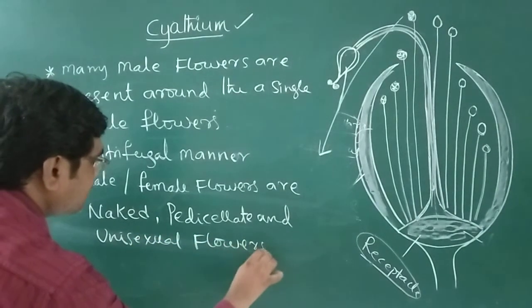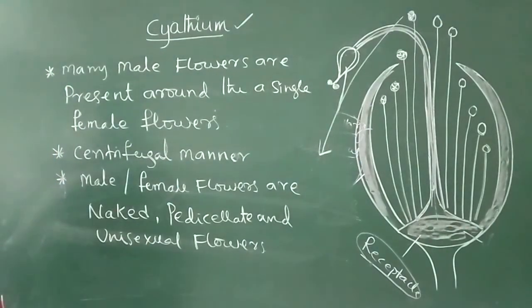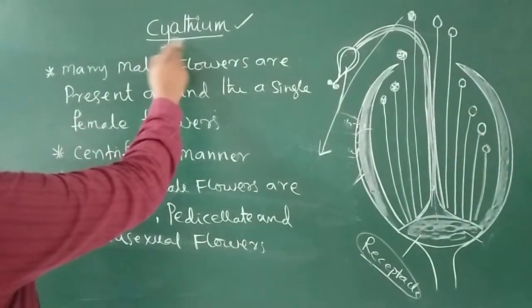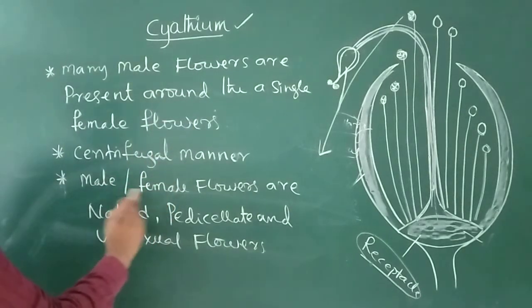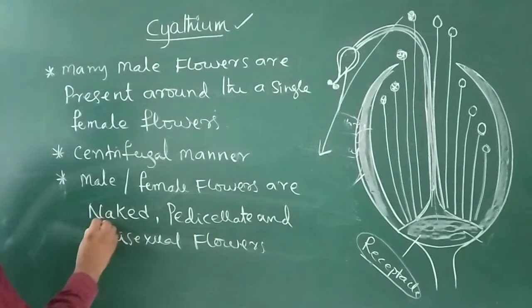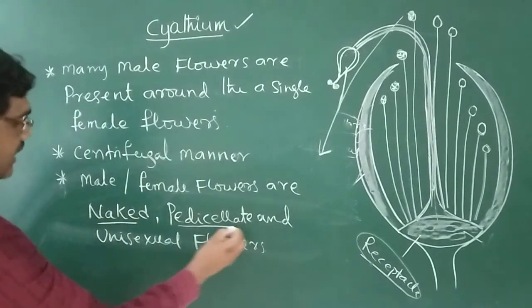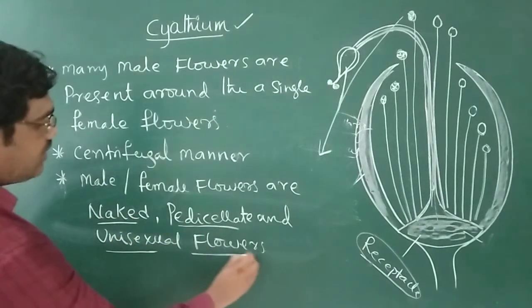So these are characters of the flowers in Cyathium. In Cyathium, the male and female flowers are naked, pedicellate and unisexual flowers.